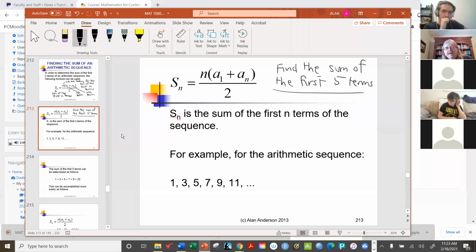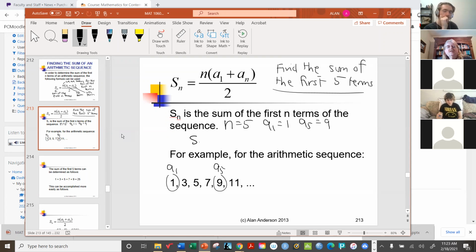Now, n is therefore 5. This is A1, and this is A5. Okay, A1 is 1, A5 is 9.